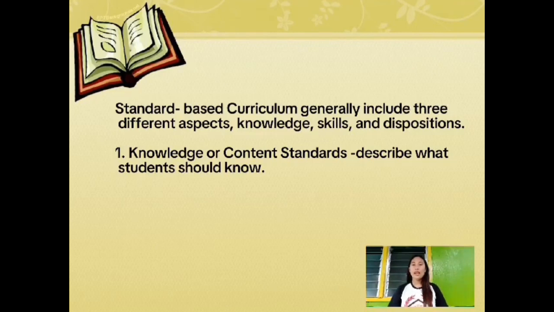Knowledge or content standard refers to the specific information, concepts, and principles that students are expected to learn in a particular subject area. These standards outline what students should know and be able to do at different grade levels, and they provide a framework for curriculum development and instructional design.